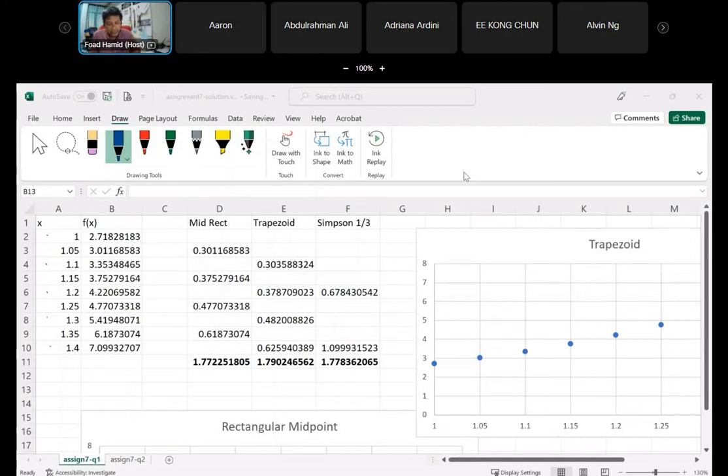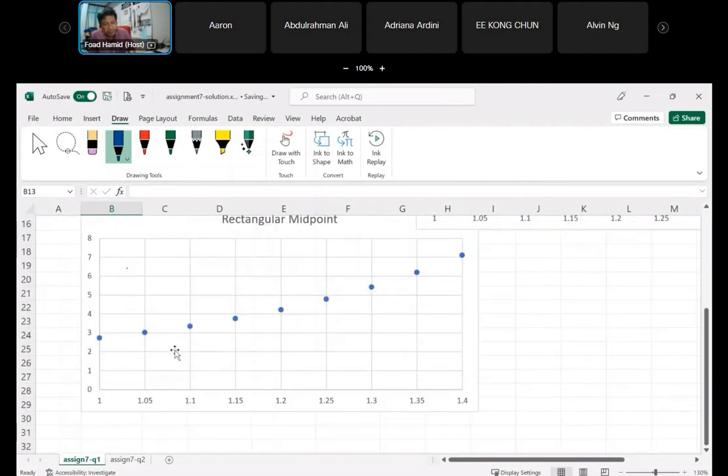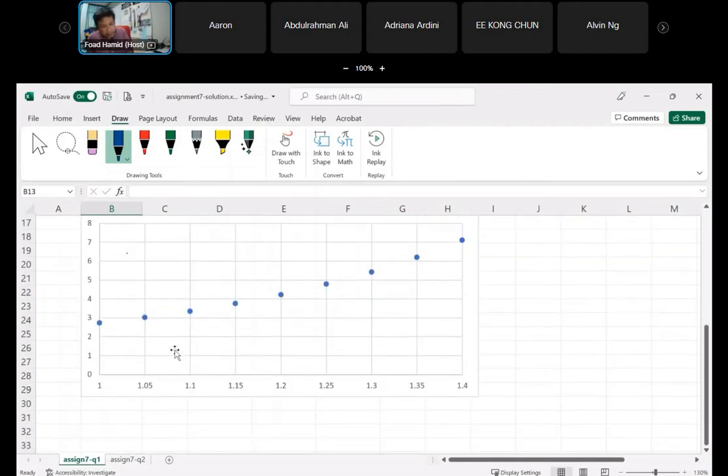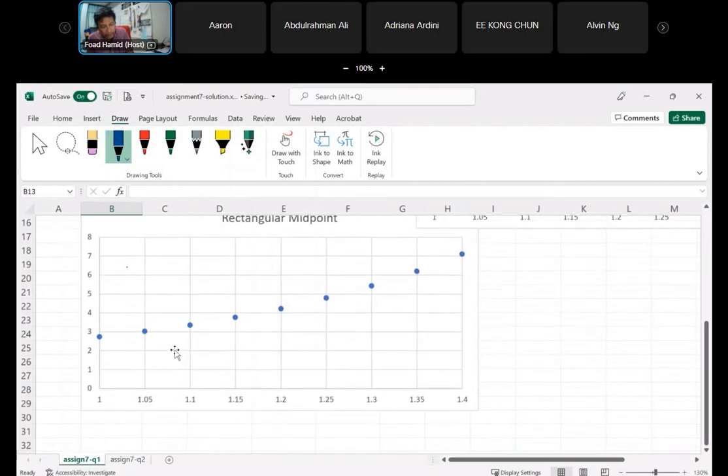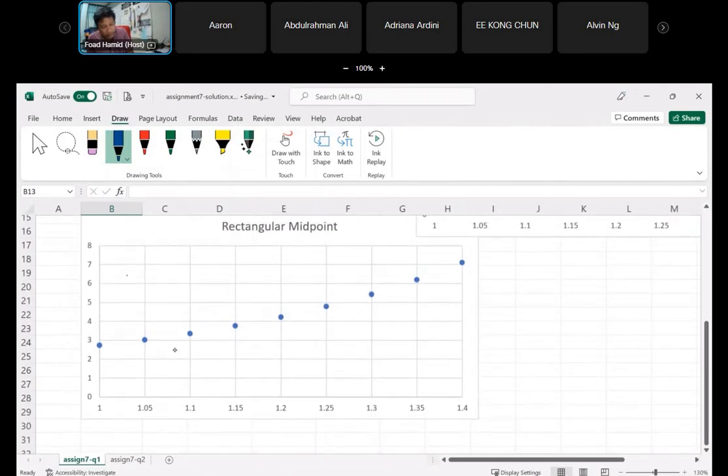Okay, look at this. For the rectangular midpoint rule, we need to use h equal to 0.1. So this is one interval, this is the second interval, third interval, and fourth interval.